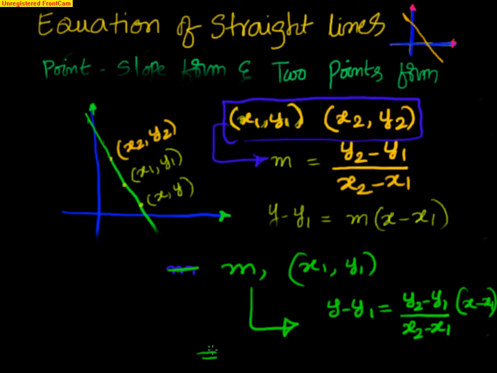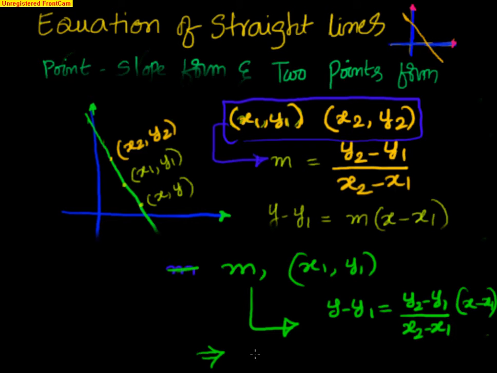Now why we write here y2 minus y1 by x2 minus x1 is, we want to have in the equation, other than x and y, remaining all should be information which is available to you directly. That means x1, y1, x2, y2 is the only information given to us.